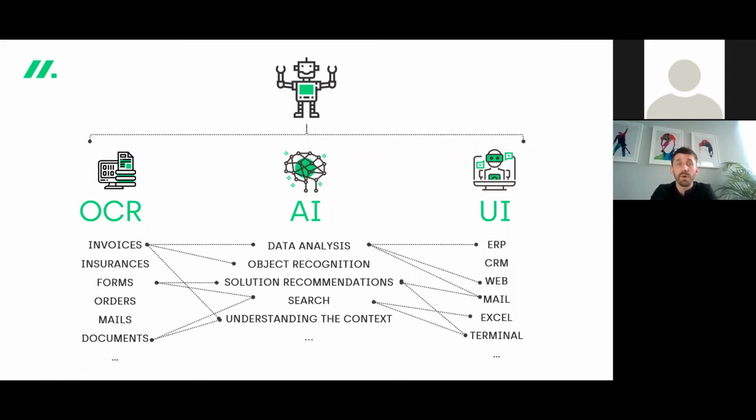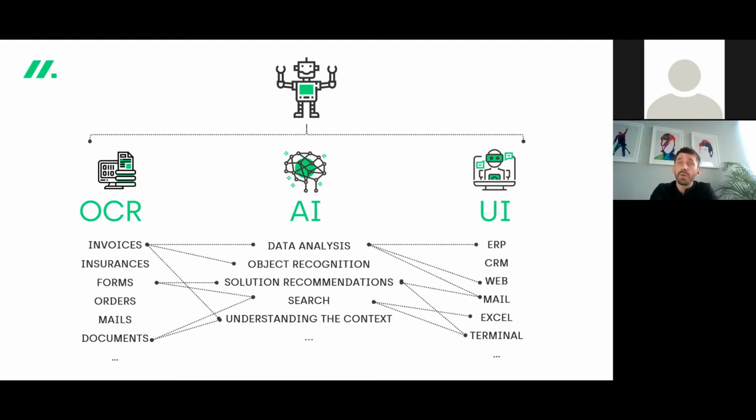Using this software, we can digitalize and structurize paper documents or PDF documents. We can work on invoices, insurance forms, other types of forms, orders, emails, or more complex documents.